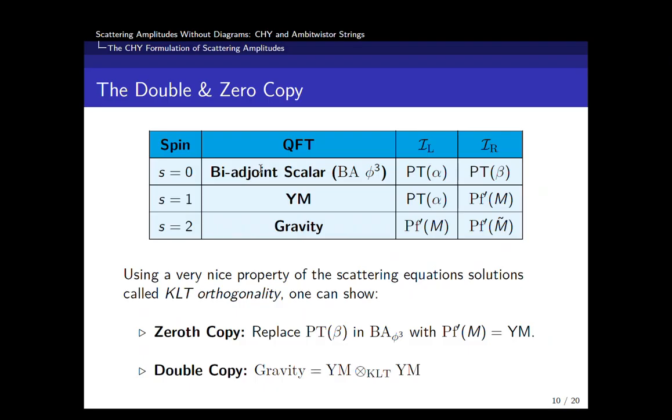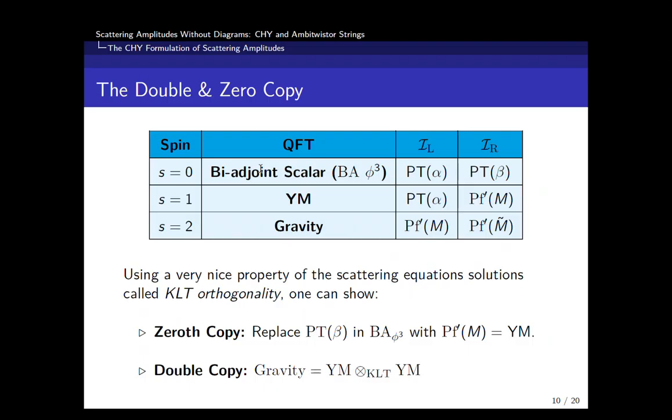This makes sense because in Yang-Mills, we've got one kind of color label associated with each external leg, and we also have polarization encoded there too. So this is why it's known as the 0th copy. And then for the double copy, we move away from this Parke-Taylor and add in another reduced Pfaffian of this matrix, and we get gravity. So you can see this double copy in this nice structure here.